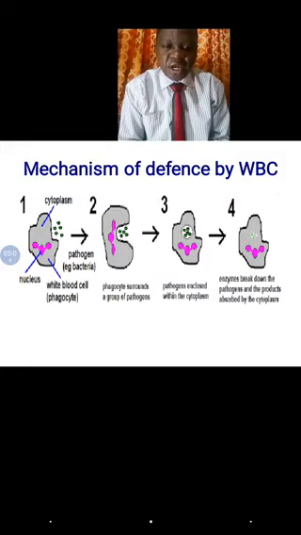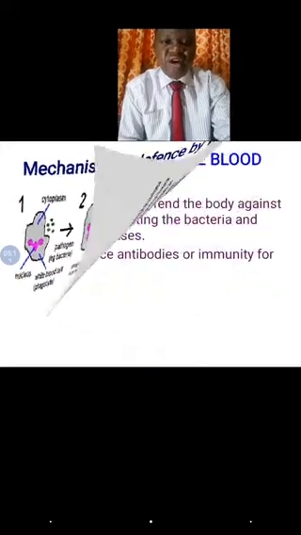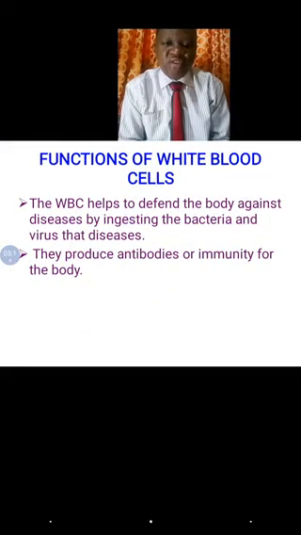The pathogen is completely ingested and digested, and the product is sent to the cytoplasm. That is the process of phagocytosis. Let's talk about the functions of the white blood cell. The white blood cell helps to defend the body against disease by ingesting the bacteria and viruses and preventing disease. They also produce antibodies or immunity for the body.